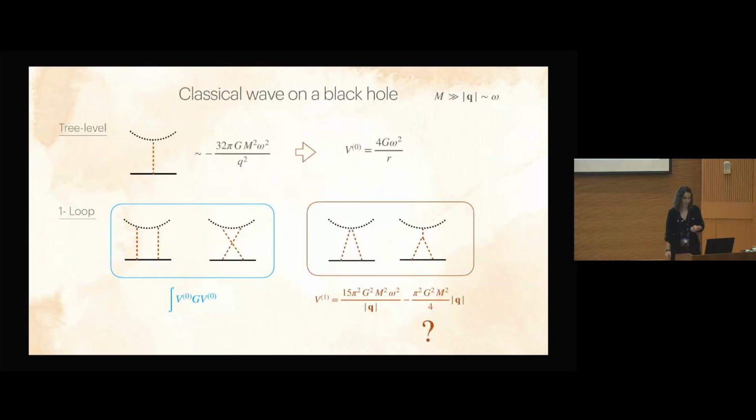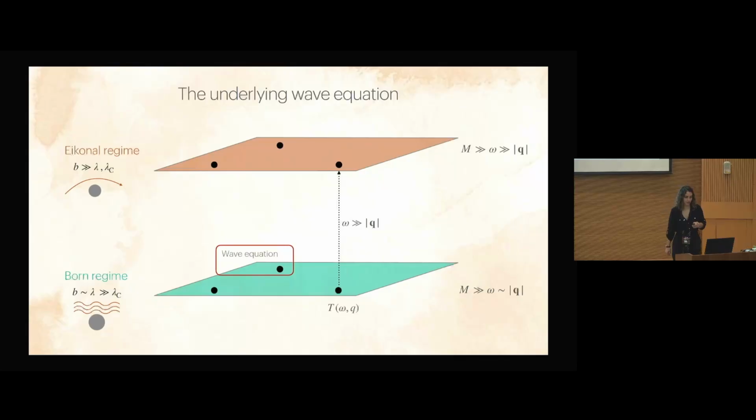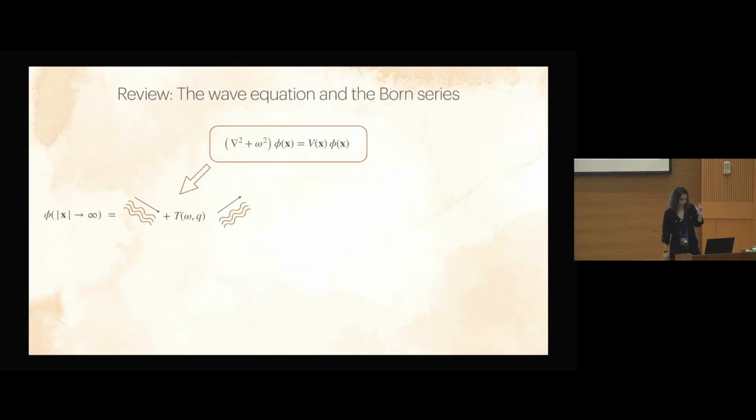What about the next one? And to understand this, I want to introduce another side of this story, which is the wave equation. And here I have a slide which is basically a review from textbook quantum mechanics. But let me still go through this. So let's say you have a wave equation with a given potential. Then the wave function at very large distances basically is given in terms of an incoming wave and an outgoing wave.